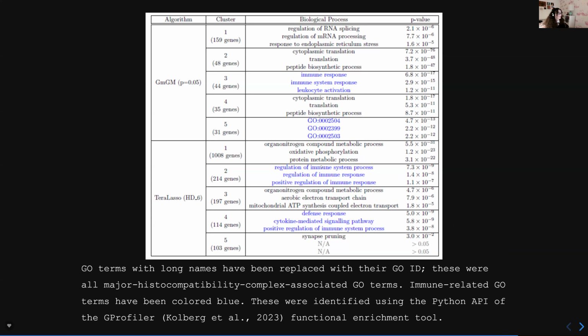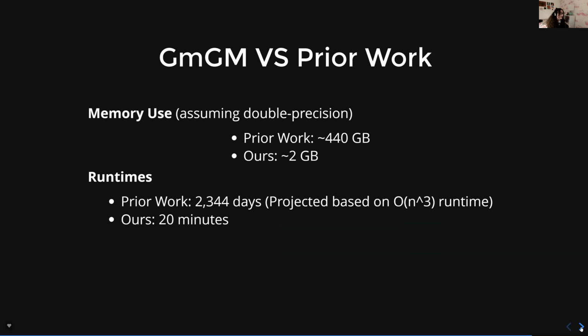There's a little bit of agreement between Terra Lasso and GmGM on a subset of these, because again, Terra Lasso has more limitations in terms of runtime. Okay. But again, we didn't identify a good gold standard, but of course, if you have any suggestion, we welcome any suggestion you might have.